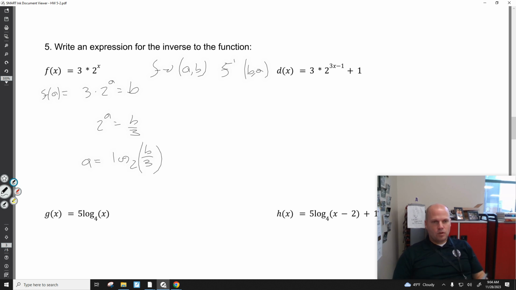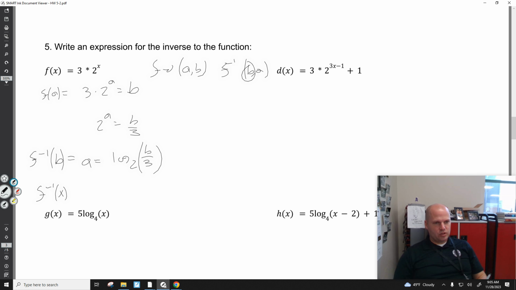Okay, this is your expression for F inverse. F inverse of B will equal A. You plug in a B value, you take the B value divided by 3, take the log base 2, and you'll get A. You plug in an input of B, you will output A. This is your expression.